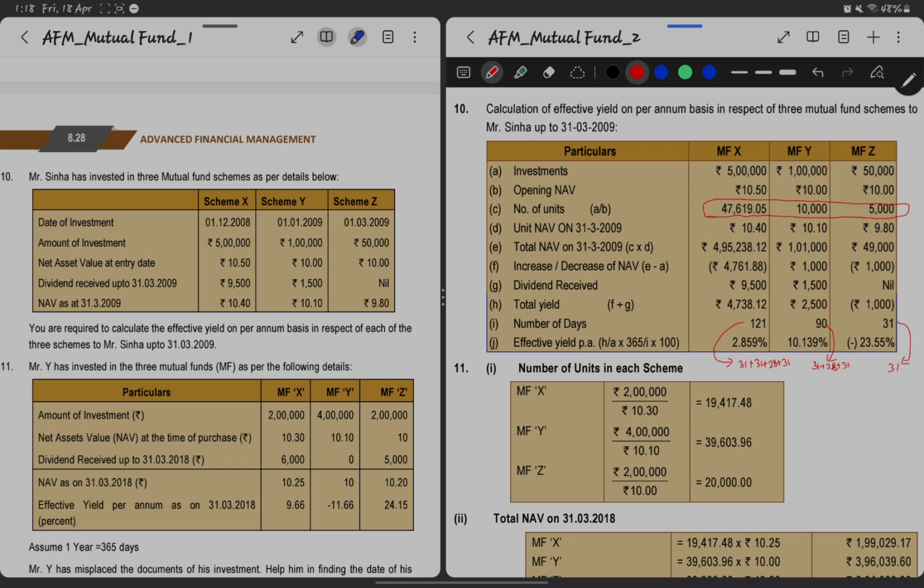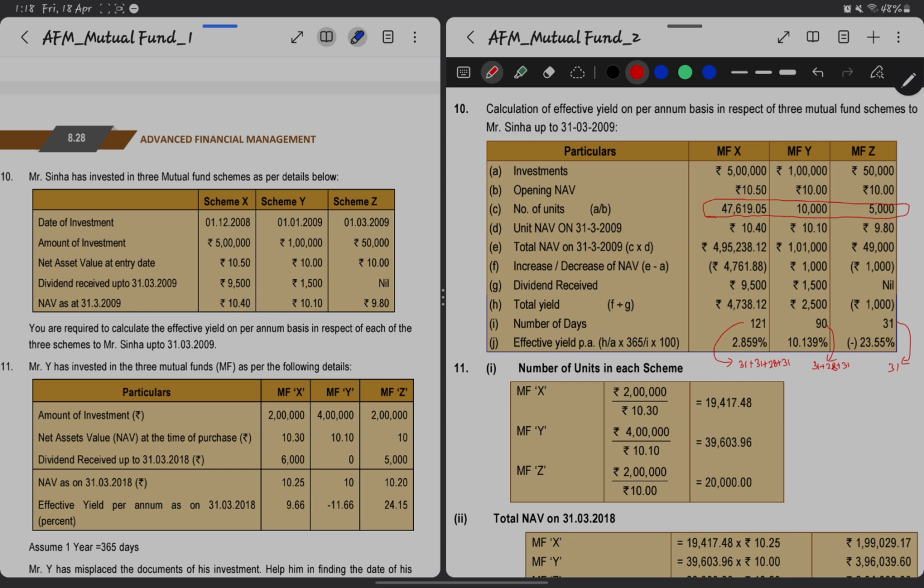Now there are two incomes, as we previously told. One is the dividend received, which will be an income, and the other is capital appreciation or capital reduction. In the first case, as we can see, NAV went from 10.5 to 10.4, so it has reduced by 0.1.